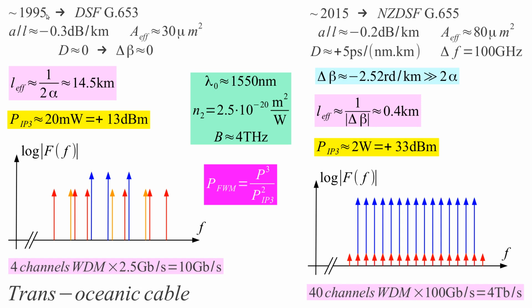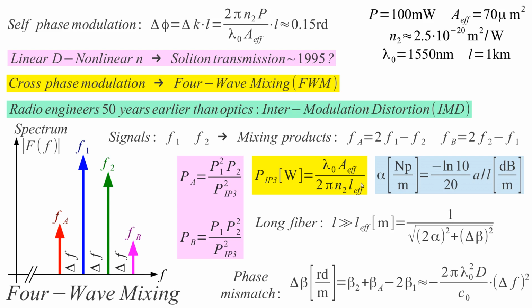So 30 years ago we had the dispersion-shifted fiber that had, well, a small core, but it was not a real problem. The real problem was dispersion equal to 0, so delta beta also equal to 0. This effective length was very long. Effective length comes in here.